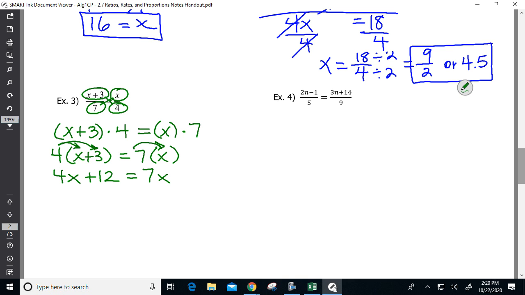So that means my next question is, which variable is smaller? Four. So 4x is smaller, so we subtract 4x on both sides. Drops out. So 12 equals 3x.